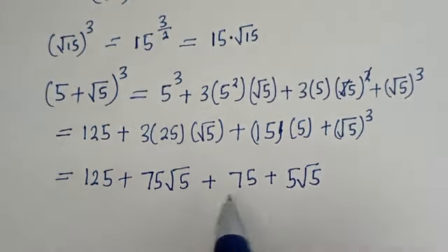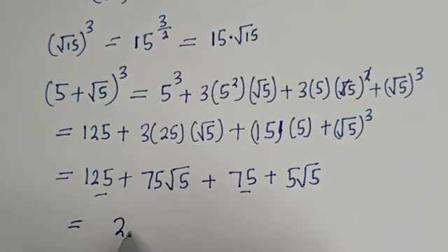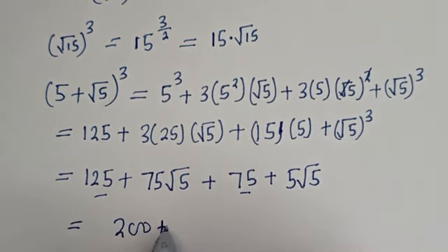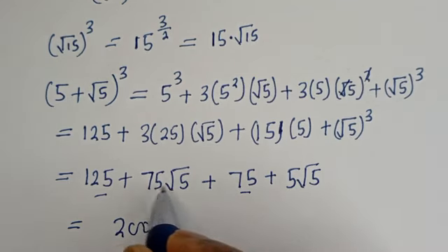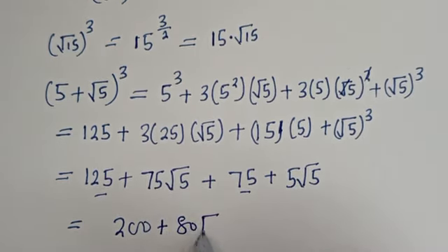Now 125 plus 75, this is equal to 200, plus 75 root 5 plus 5 root 5, 80 square root of 5.